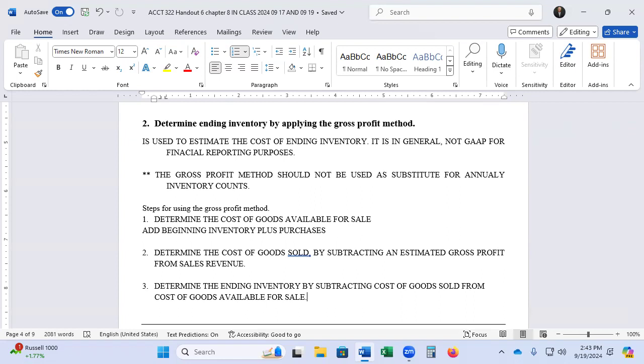Okay, now we've started another equation here. What we would normally do is say, okay, I know what my ending inventory is, I'm going to use that to give me my cost of goods sold. Instead, what we're saying is I'm going to take my estimate of cost of goods sold, and that'll tell me what my ending inventory is.